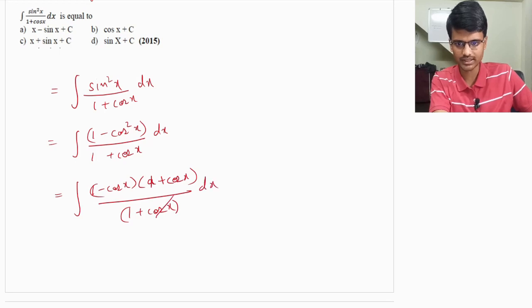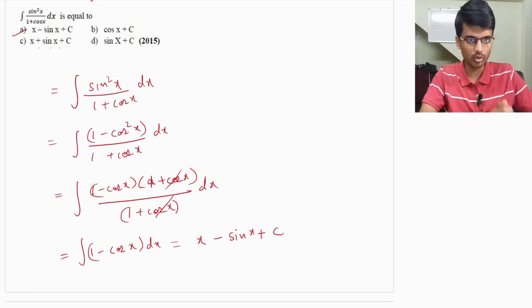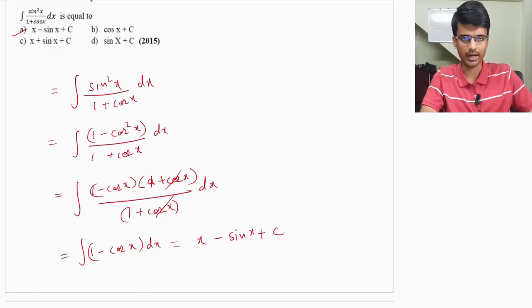So this gets cancelled. I'm left with 1 minus cos x. Integration of 1 minus cos x is a very easy thing. Anybody can solve this. Integration of 1 is x, integration of cos x is sin x, and the constant of integration. So the correct answer is option A, I guess. So this is how you need to look at the question, observe it, make some simplification, and then arrive at the solution.